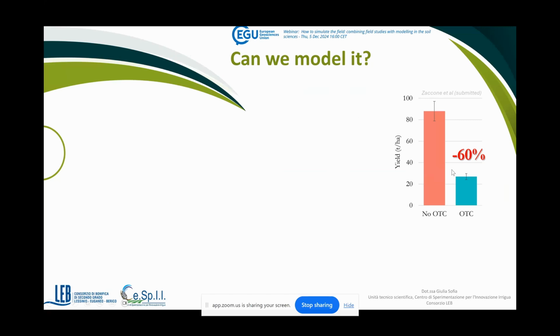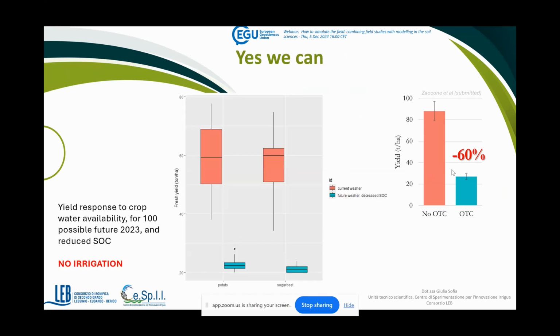This is again the measured one with the 60% decrease in production, compared with the model. And with all this information, the downscaled weather information, plus the field sample characteristics of the soils, you can see that we can actually model quite nicely what we measured in the field with our modeling system.